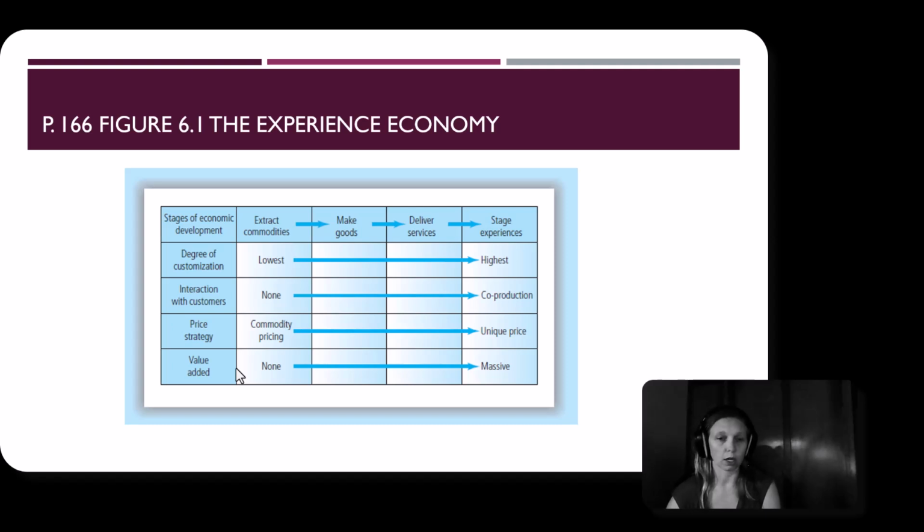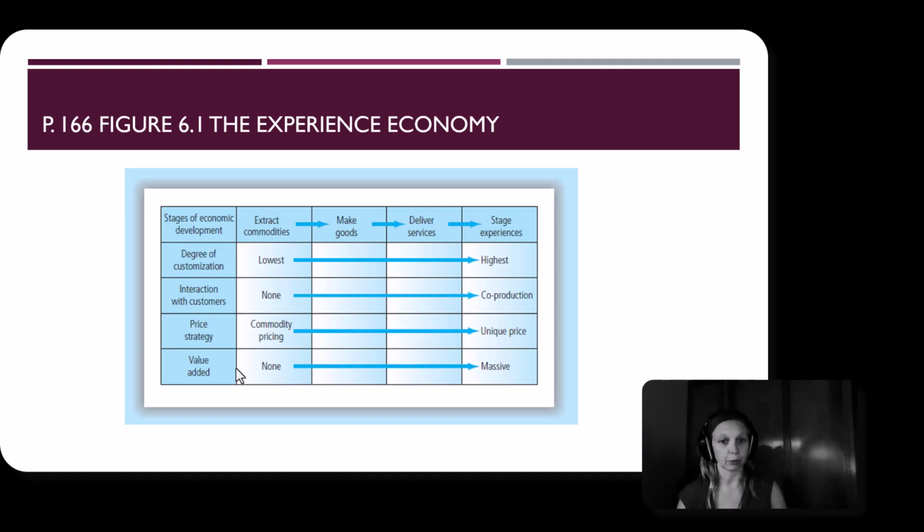So for commodities, very, very strictly goods, we have a low degree of customization. You have a commodity. It is the same no matter what you buy. When it comes to interaction with customers, you don't need to interact with customers when you're selling and buying commodities. They are just the same. They just buy them when they need them.